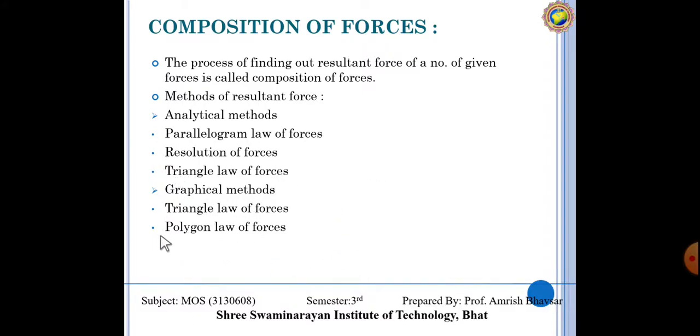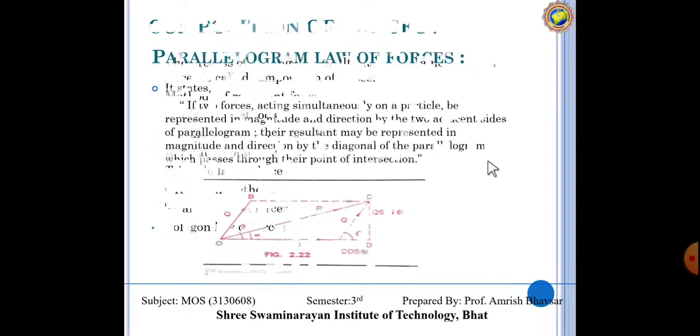And in graphical, there are the polygon law of forces and the triangle law of forces. For finding the resultant, first we have to find the equations based on the analytical method.